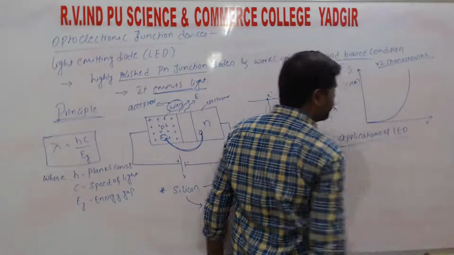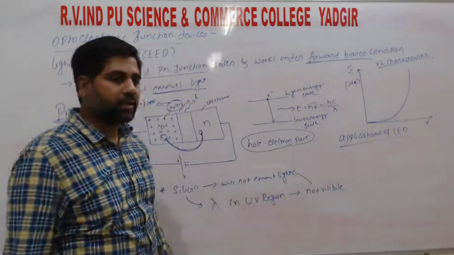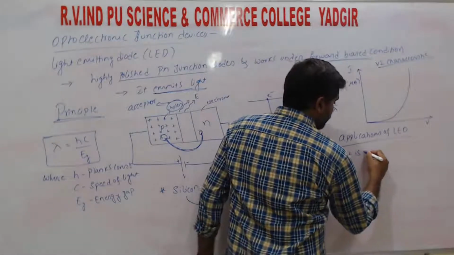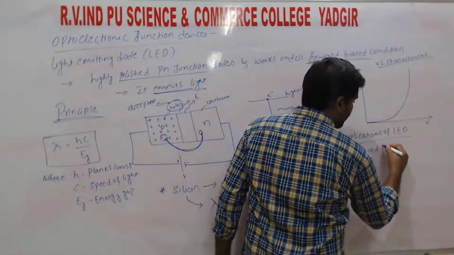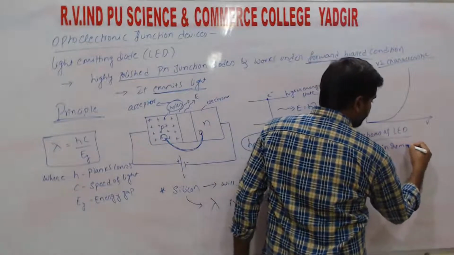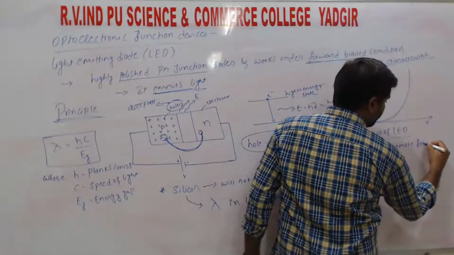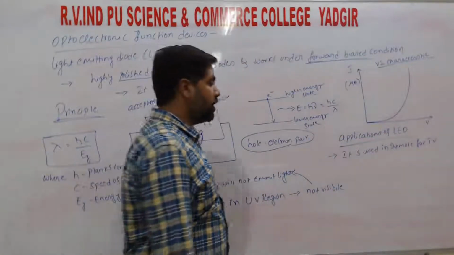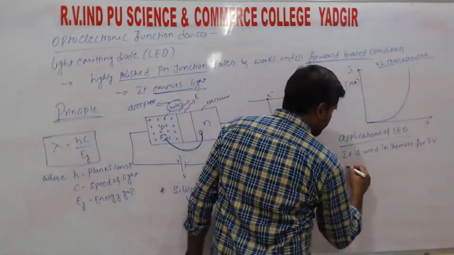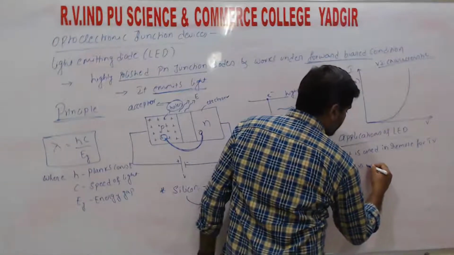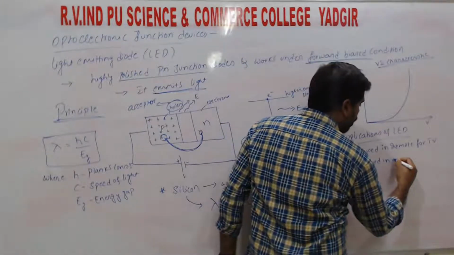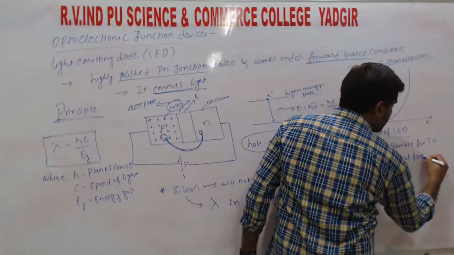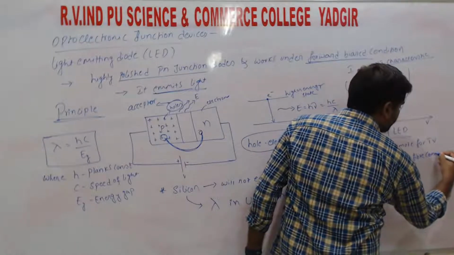So next, applications of LED. Where are we going to use these LEDs, right? The first application is that it is used in remotes for TV, so it is used in TV remotes. Next, it is used in optical fiber communication.